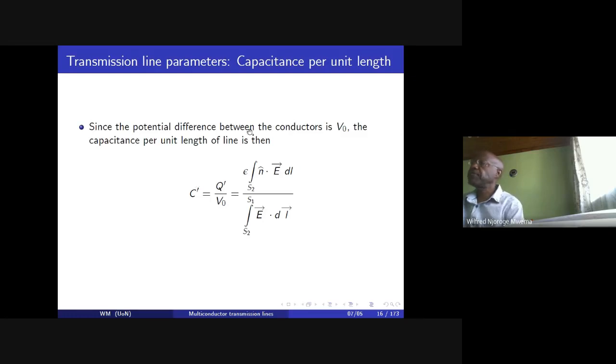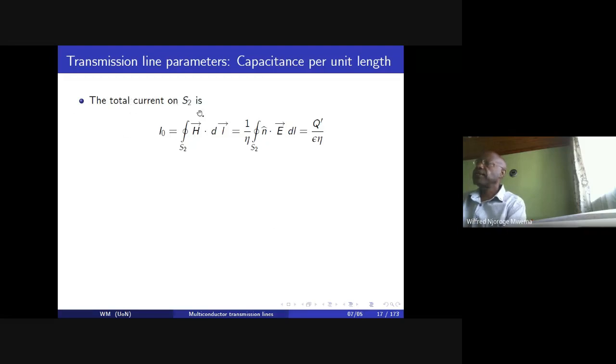Since the potential difference between the conductors is V0, the capacitance per unit length of the line is C prime equal to Q prime over V0, which is equal to that integral over the path from the second conductor to the first conductor, to remove the minus sign, of E dot dl, where dl is an element of path along a line of flux.